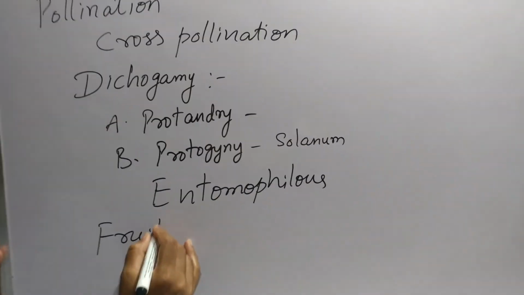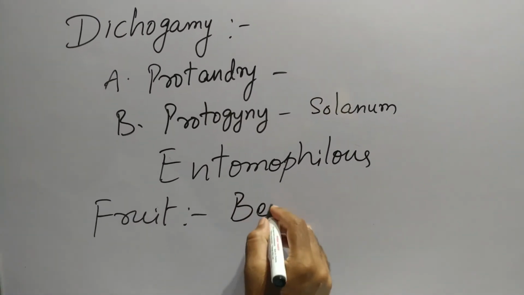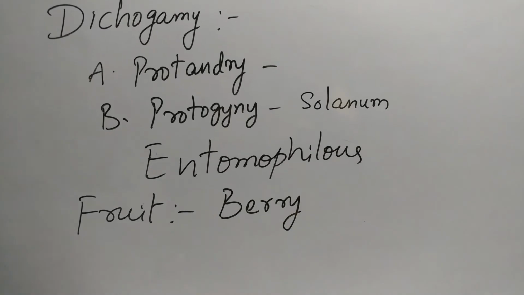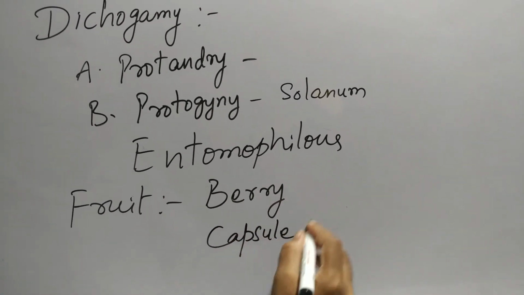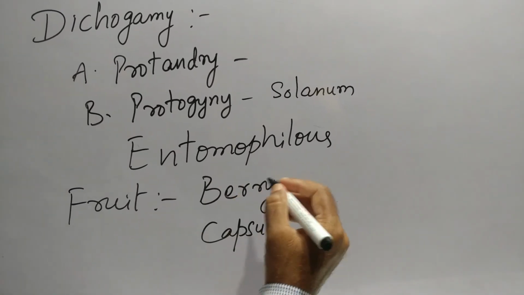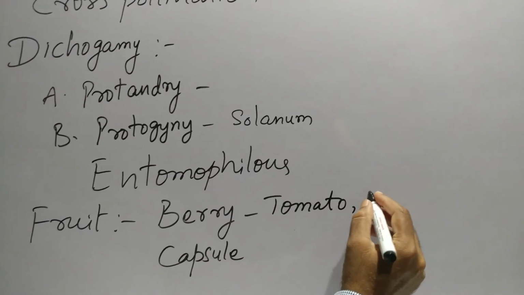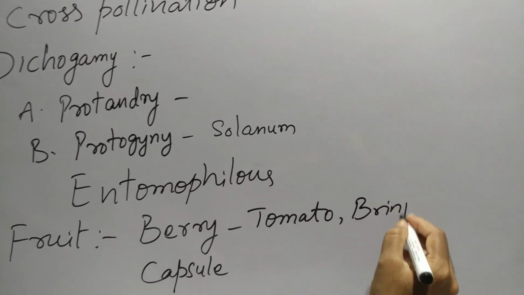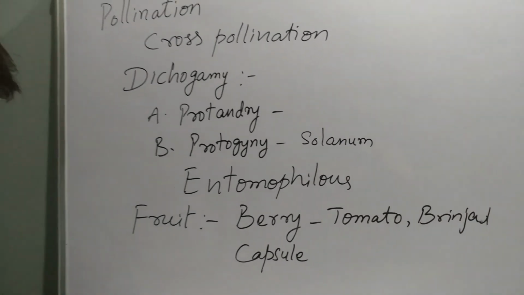What do we find as the fruit in the Solanaceae family? Mainly we find berry, and rarely capsule. If we take berry, tomato as well as brinjal are examples.